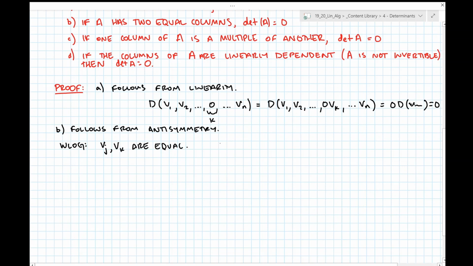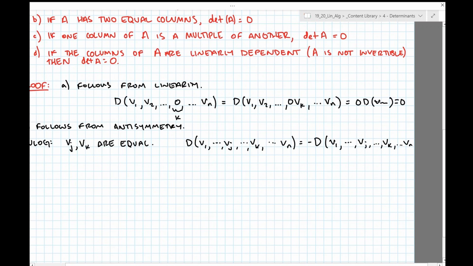Then the determinant of V1, ..., Vj, ..., Vk, ..., Vn, if I switch these two, which are the same, but according to my property I have to write it as V1, ..., Vk, ..., Vj, ..., Vn. Well, this determinant and this determinant should be the same number. Oops, I switched them.